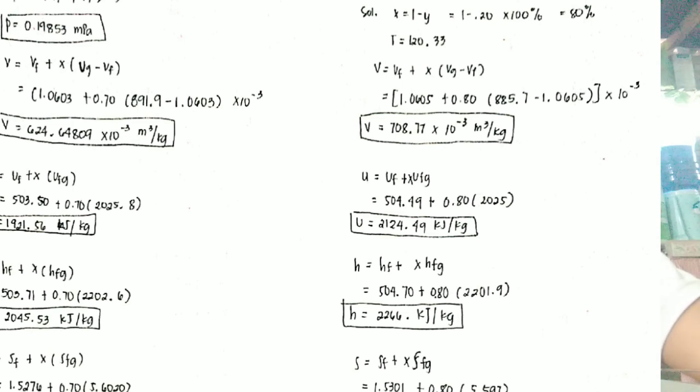So, let's go to the third, which is the U. In getting the U, we have a formula of U is equals to UF plus X of UFG. So, ito na i-locate there sa atong steam table. We can get UF is equals to 504.49 and UFG is 2025.